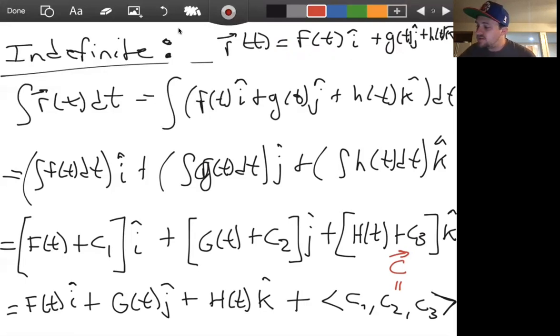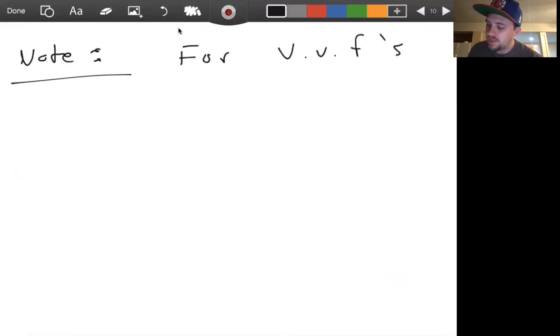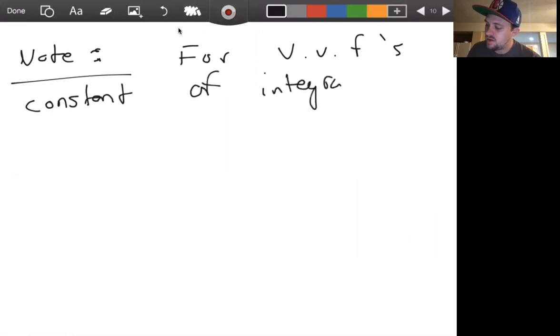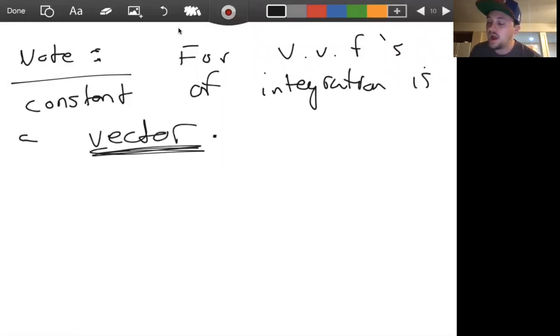So the constant of integration, let's make a note: for vector valued functions, the constant of integration is a vector, not a number, right? Not a number.